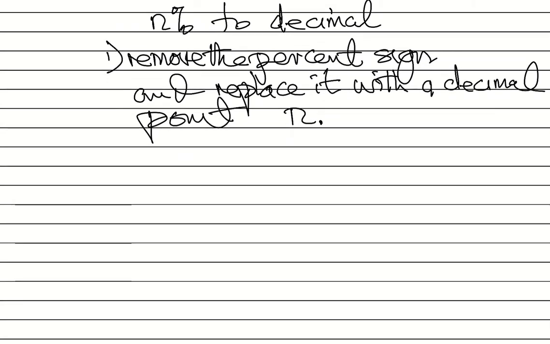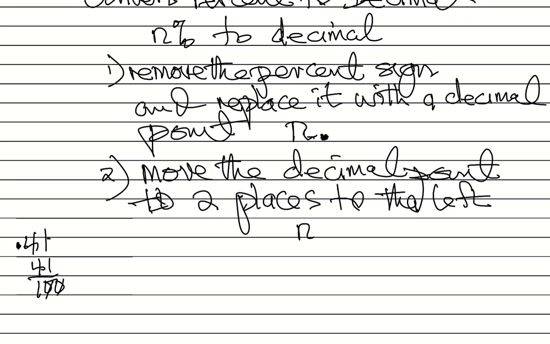And then the second step: you move the decimal point 2 places to the left. If you don't have enough space to move it, you put a 0. You move it 2 places: that's one space, that's another, and you end up here.